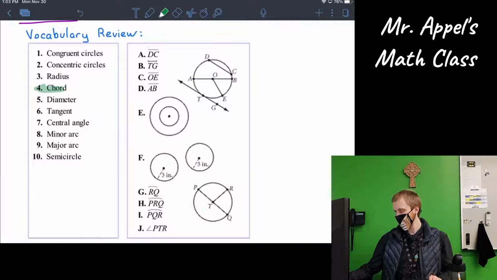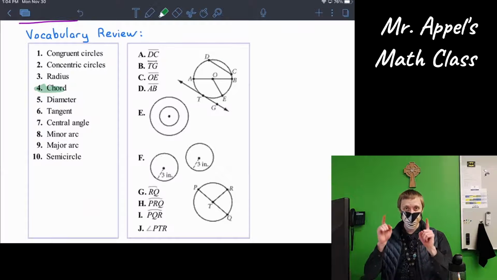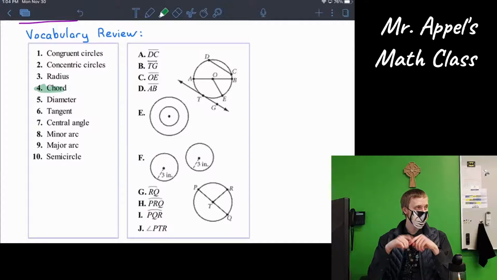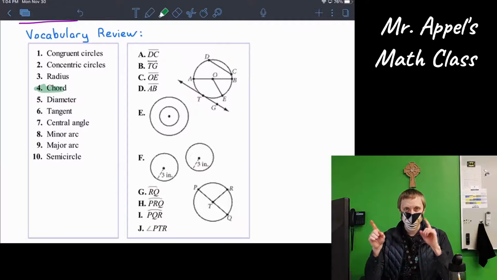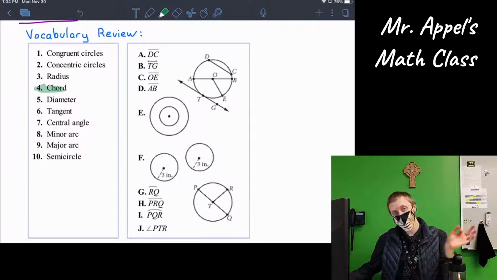Jose Luis, that is not correct. Unfortunately, save that guy for later. Remember, a chord goes across a circle and touches at 2 points. It's a segment inside the circle that hits at 2 points, not necessarily through the middle of the circle.